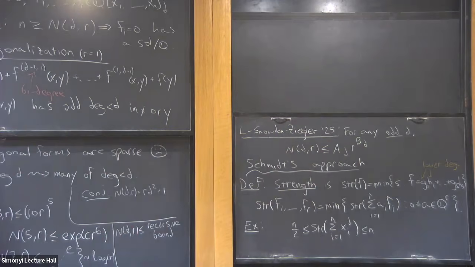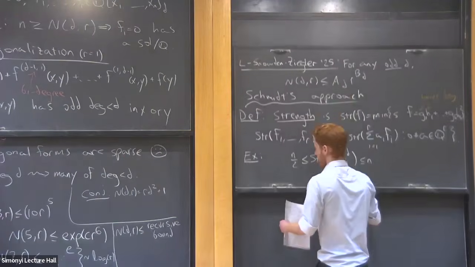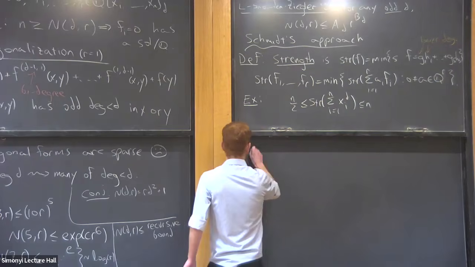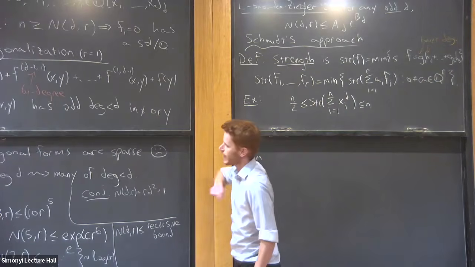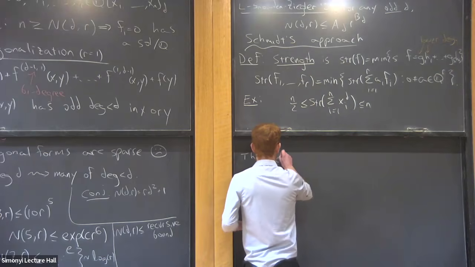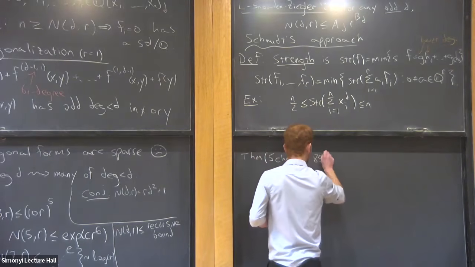And what Schmidt showed with this definition is that instead of using diagonal forms like Birch does, you can use the more general class of high strength forms and get the same conclusion.